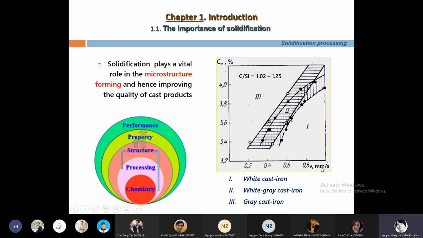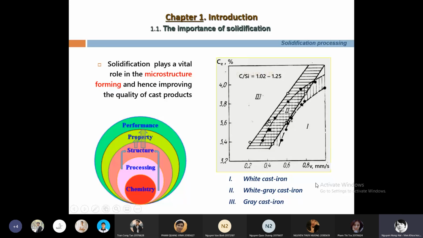The most characteristic parameter of the solidification process is V, the processing. So we have here chemical composition or chemistry, and on the other axis we have the processing, represented by solidification rate, and the unit is millimeter per second.